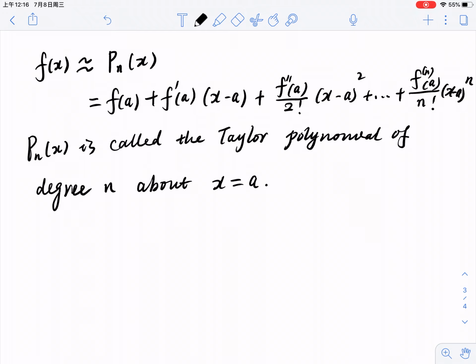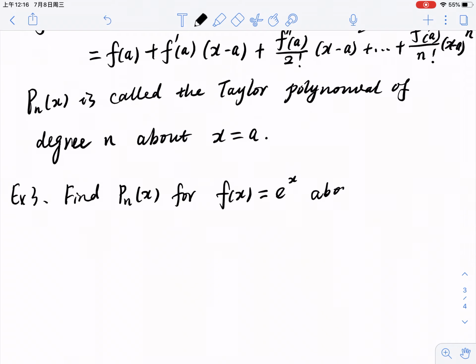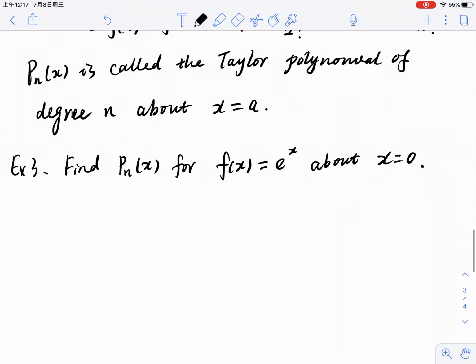So next we do an example. Find the Taylor polynomial of degree n, P_n(x), for the function f(x) = e^x about x = 0.